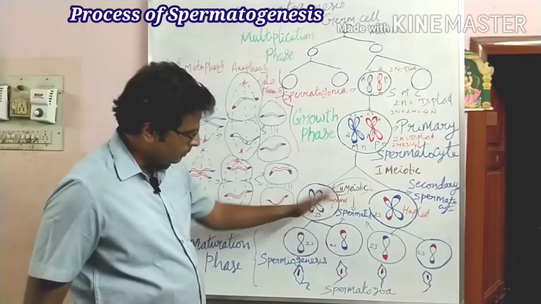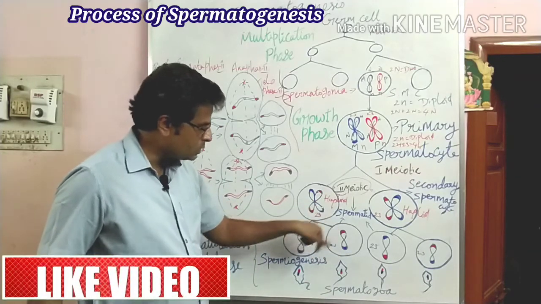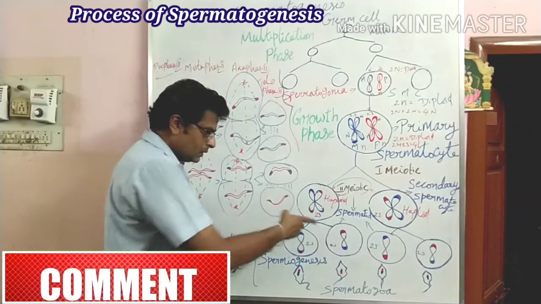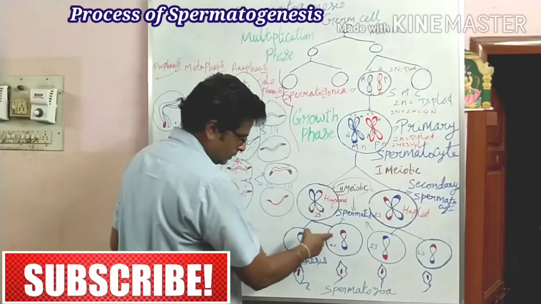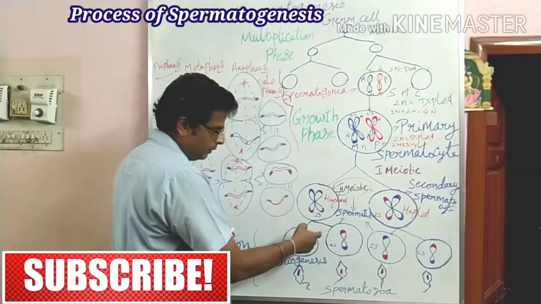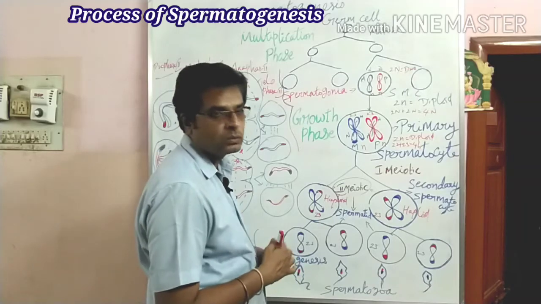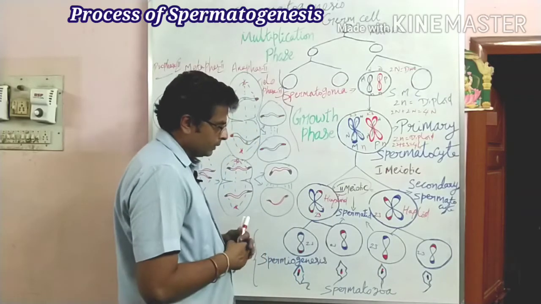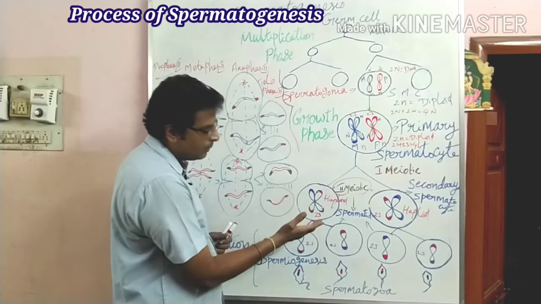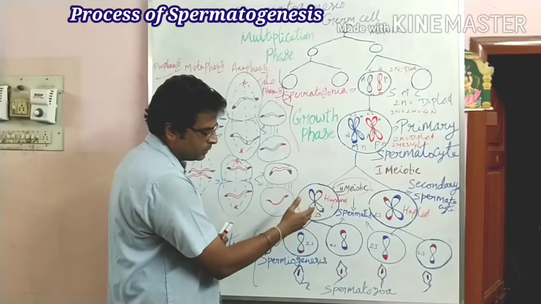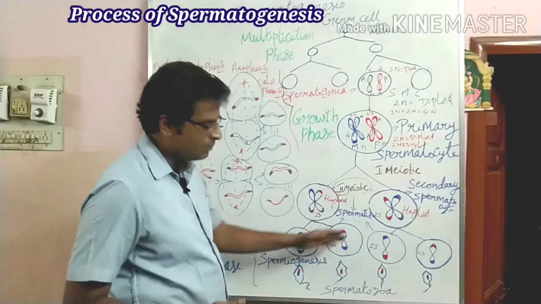Each cell produces two cells, and these two cells we call spermatids. These spermatids possess the haploid set of chromosomes.